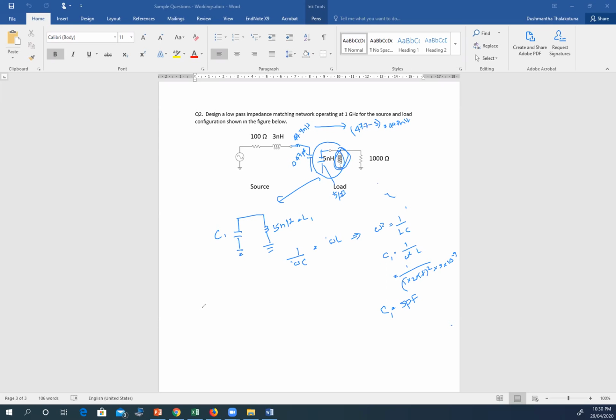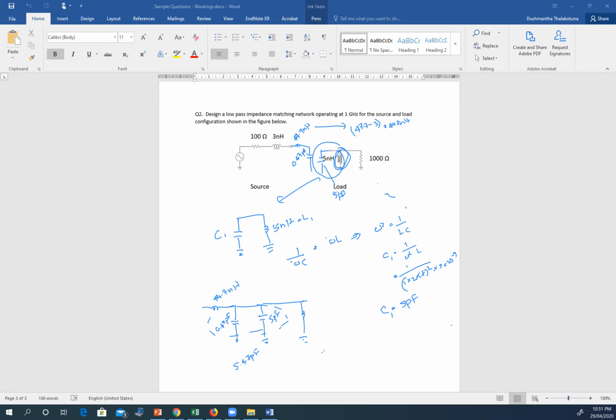So if I draw that, this should be 44.7 nanohenry, and it should have 0.47 picofarad and another 5 picofarad capacitance to cancel out this inductor. Now these two capacitors are in parallel, so they add together and become 5.47 picofarad.